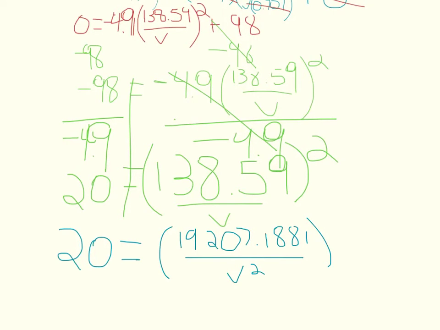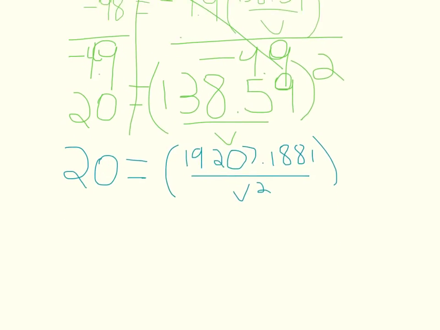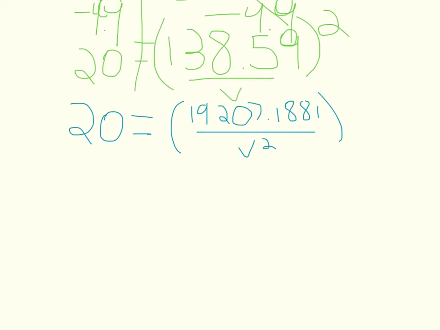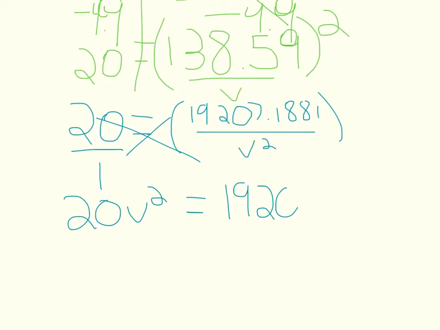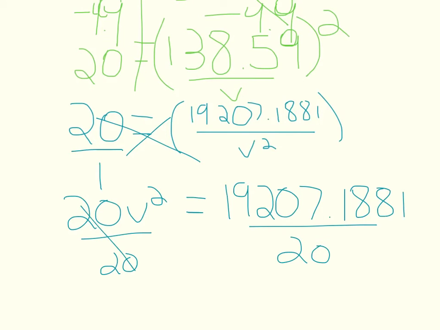So now we can do a proportion, or cross multiply, more like. We have this over 1, so cross multiplying we have 20v squared equals 19207.1881, then divide by 20 over 20.